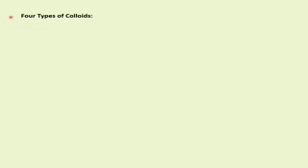We've looked at some different types of solutions. We mentioned a couple of types of suspensions. Let's now focus on various kinds of colloids. I'll list them briefly first, and we'll look at specific examples. There are in fact 4 types of colloids. There are foams, in which a gas is dispersed in either a liquid or a solid.